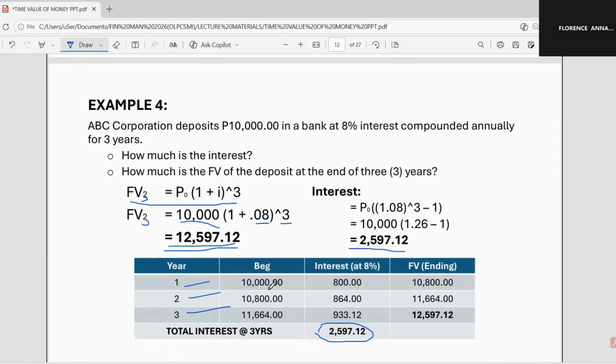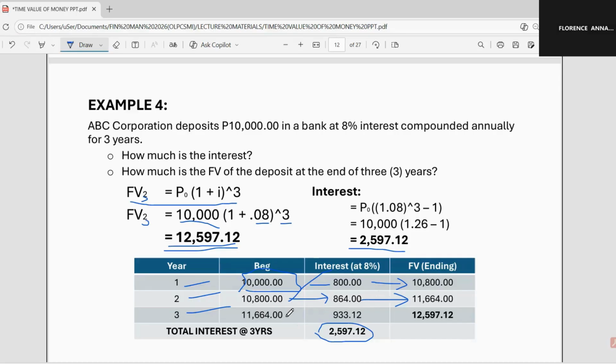So, you have 10,000 principal times 8%, you'll get 800. You add that, you'll get 10,800 at the end of period 1. 10,800 times 8%, you'll get 864, and you add that from 10,800, you'll get 11,664.